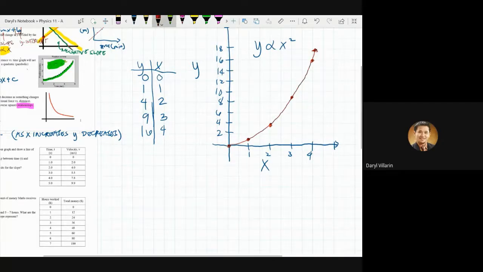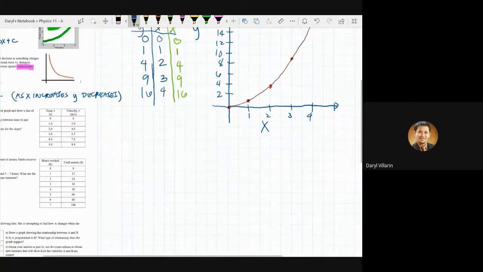So if I square the x here, that means the value of x taking the square, so this is 0, this is 1, this is 4, this is 9, and this is 16. So again, the third column here, I'm just taking the square of x. So observe what happens to my graph if I do that.